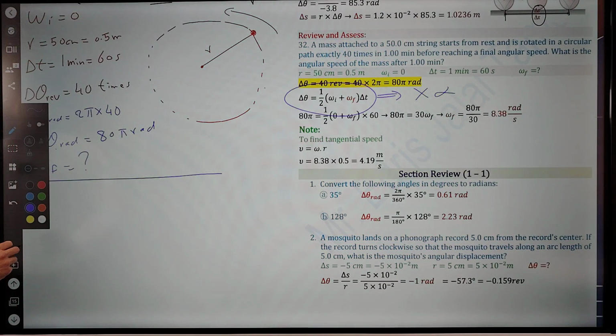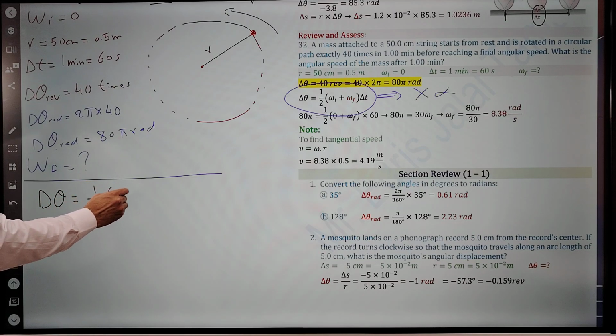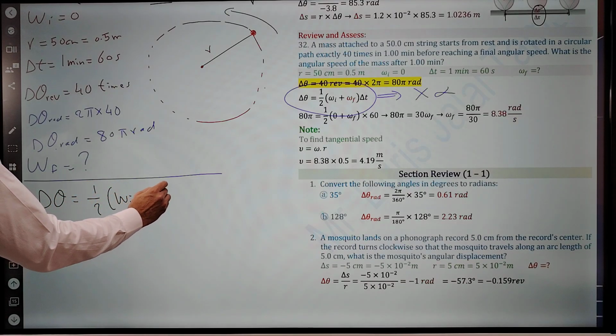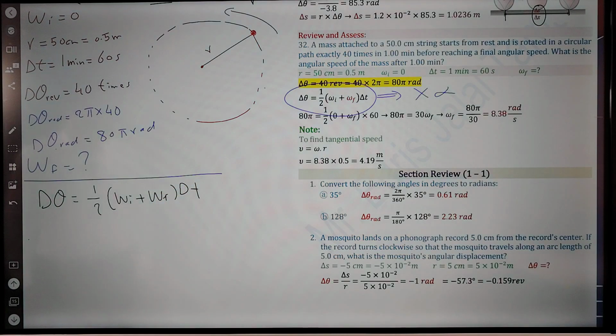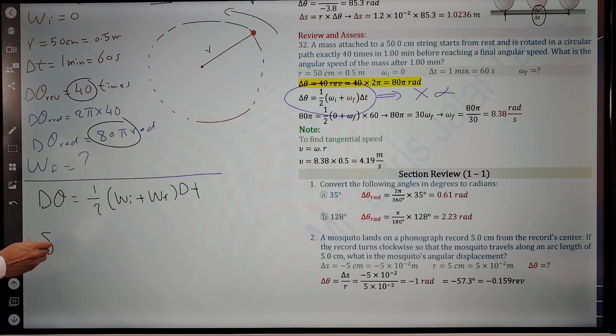Theta is equal to 1/2 times omega initial plus omega final, times delta t. Theta was given in rev, but we converted it to rad. We have to solve the question with rad for angular displacement.